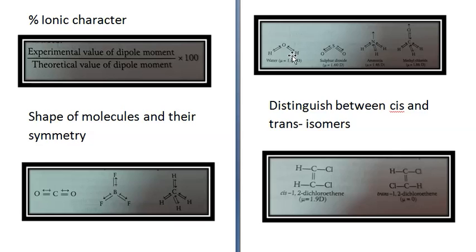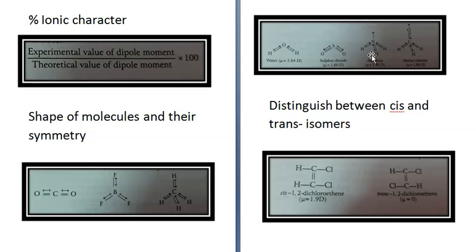So water does not have a straight structure, it has a V-shaped structure because its dipole moment is 1.84 D. Similarly, SO2, sulfur dioxide: sulfur is the center atom, on the sides you have oxygen, but the dipole moment is not 0, it is 1.60 D. So it also has a bent structure.